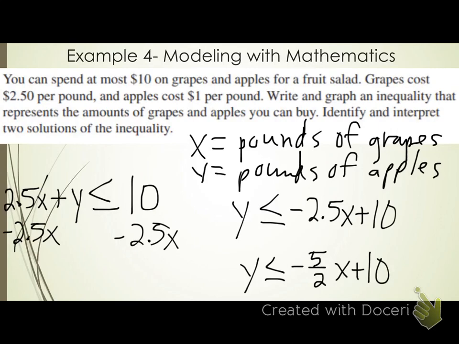You can have 1 pound of grapes and 4 pounds of apples. Yeah, x represents the pounds of grapes, y represents the pounds of apples. I could buy 1 pound of grapes, 4 pounds of apples, and still be under or at my spending limit for my fruit salad, right?